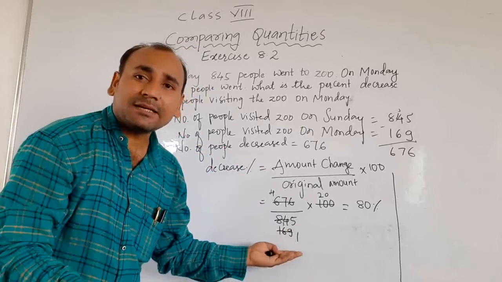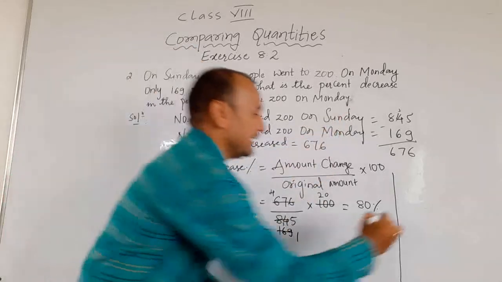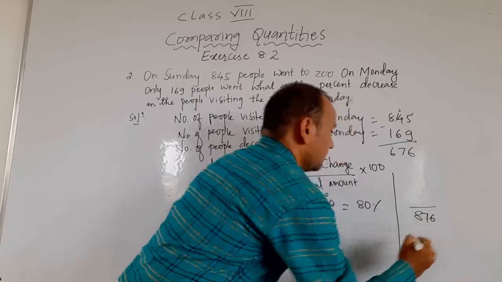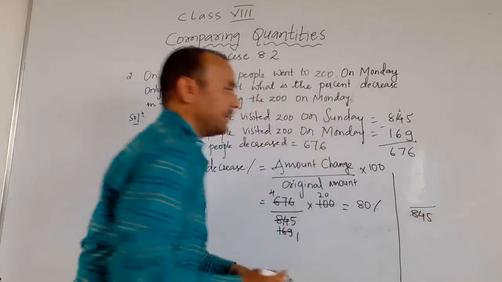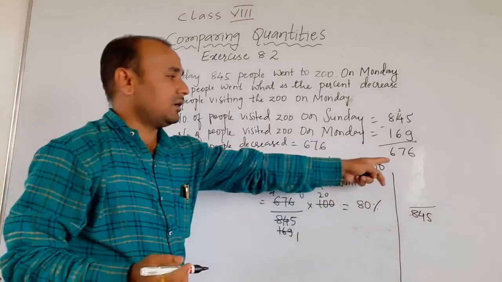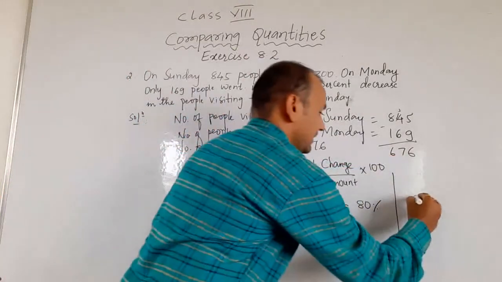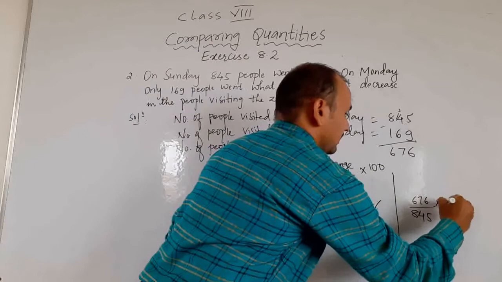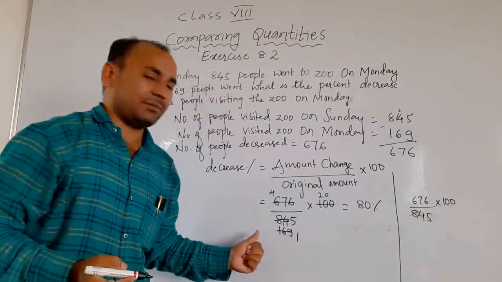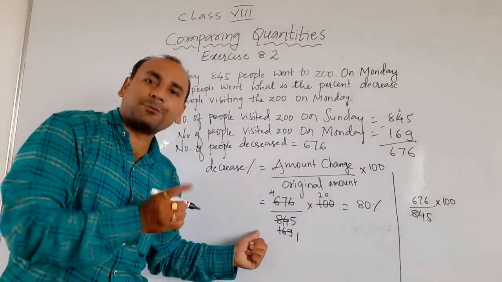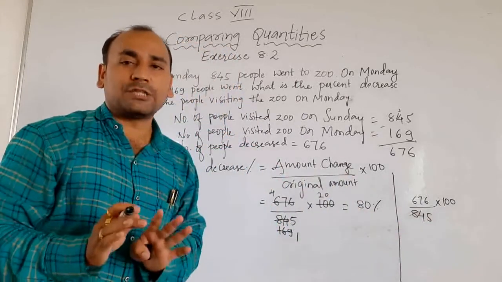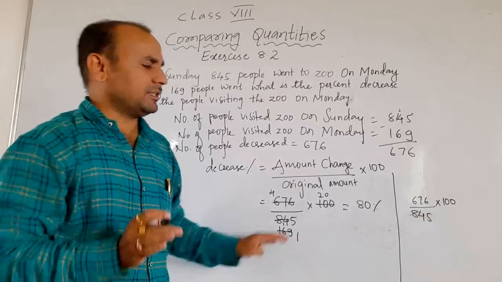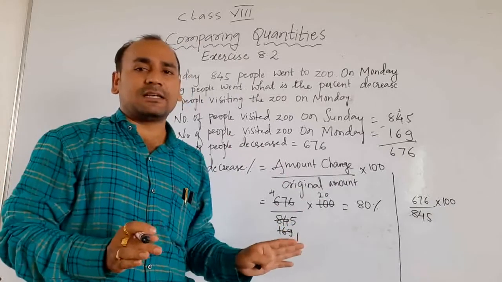Let me take the same here. The total number of people is 845, and the number of people decreased is 676, multiplied by 100. Again it is the same. Whether you use the formula method or the percentage method, you will get the same answer.